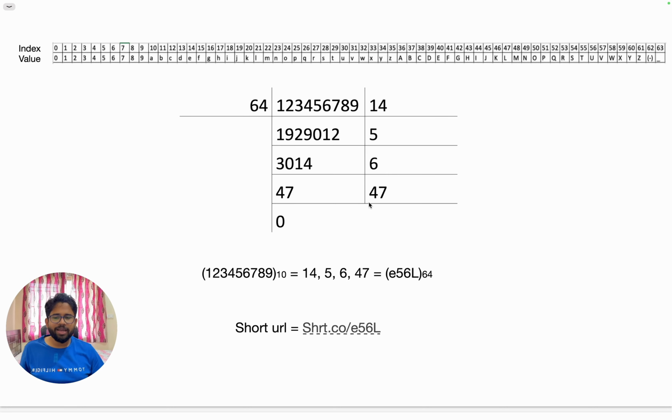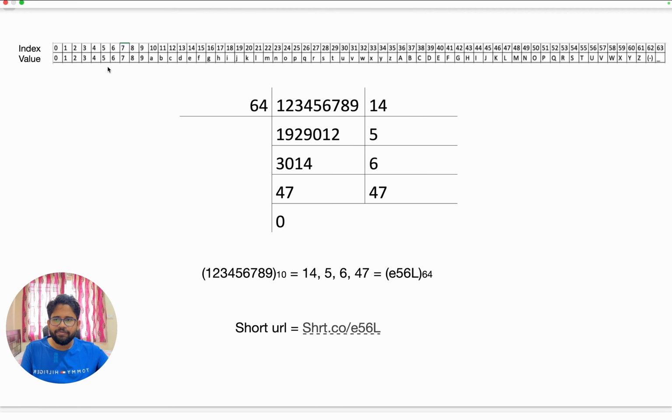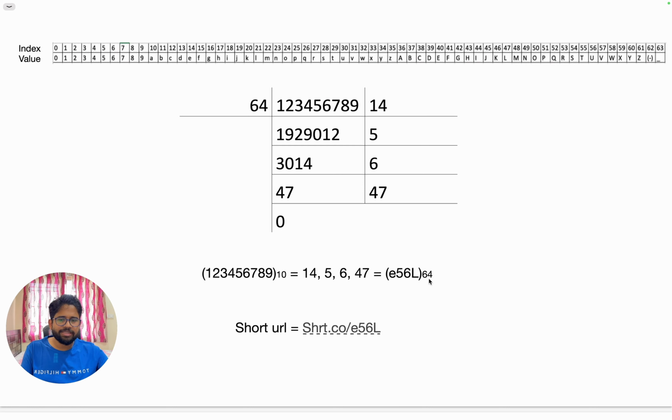So this is how you can get that done, and you can write plain Java or any code you want to. Now we get the numbers 14, 5, 6, 47, and then we'll search for the index. 14 is E, 5 is 5, 6 is 6, and capital L is 47.